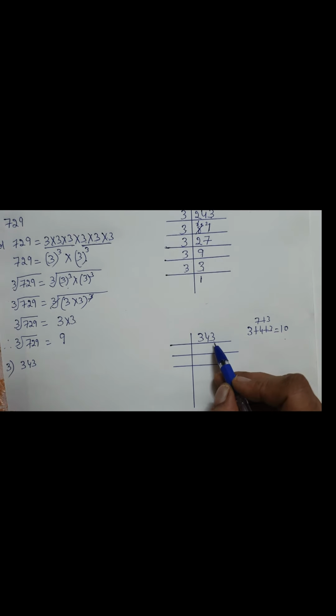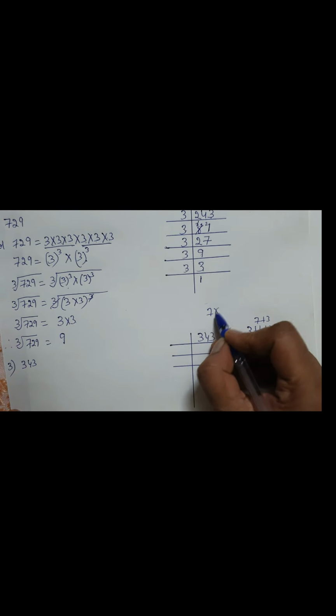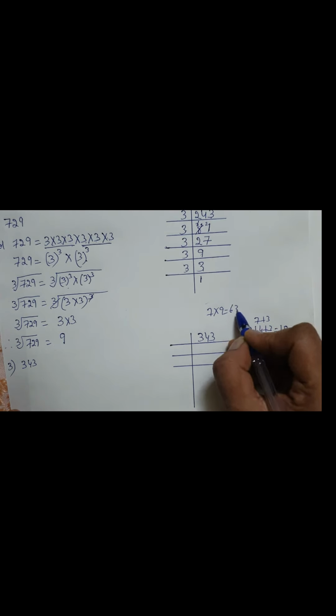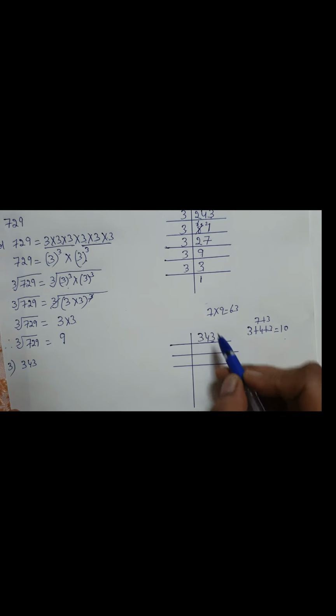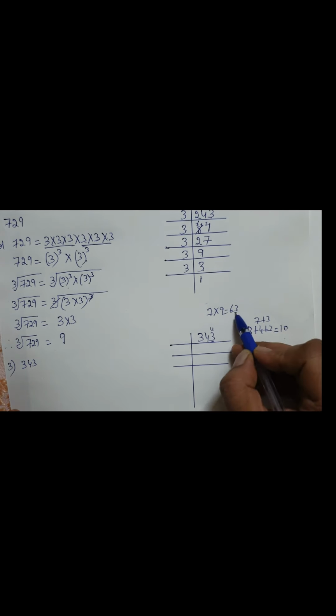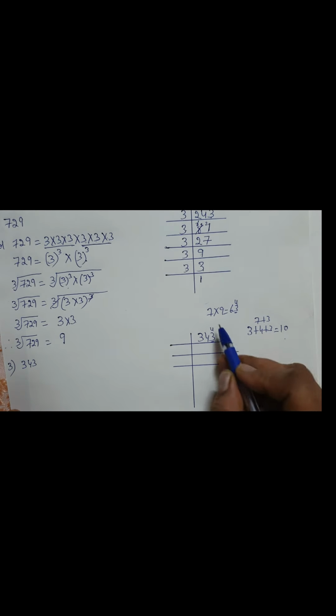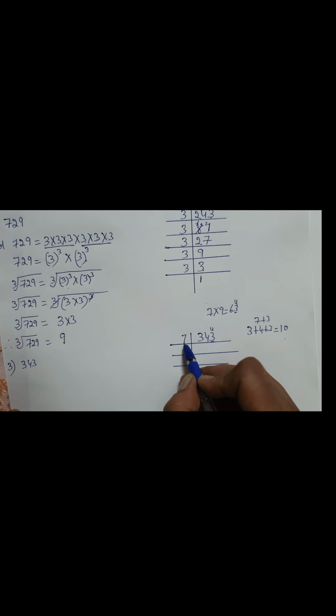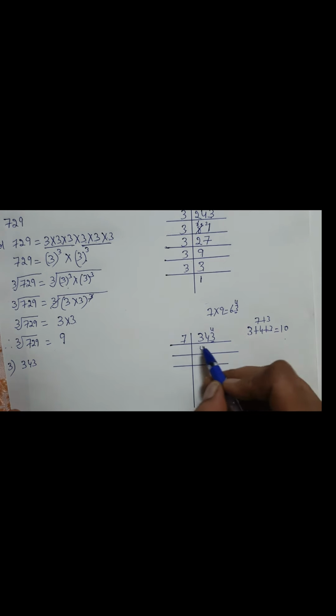So we will take the next number, that is 7. 7 multiplied by 9 is how much? 63. This 3 is in the units place and this 3 is also in the units place. So 7 is going in this number. So we will take 7. 7 fours are 28, carry 6 here.